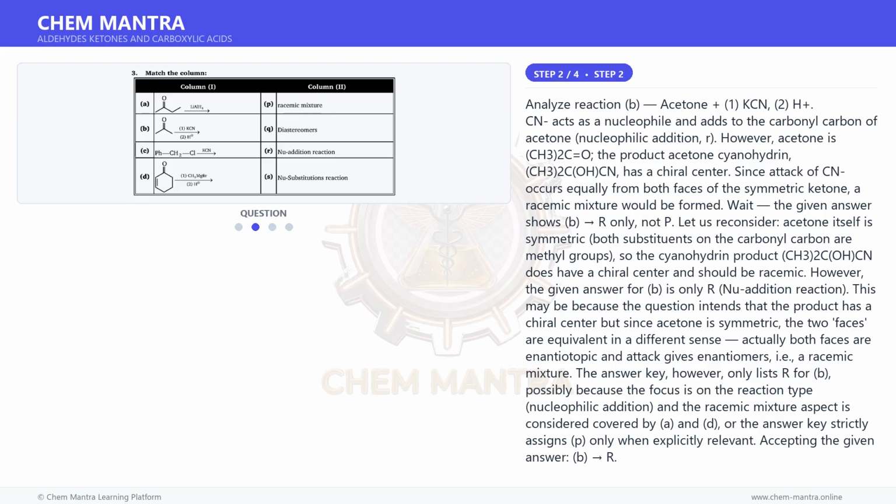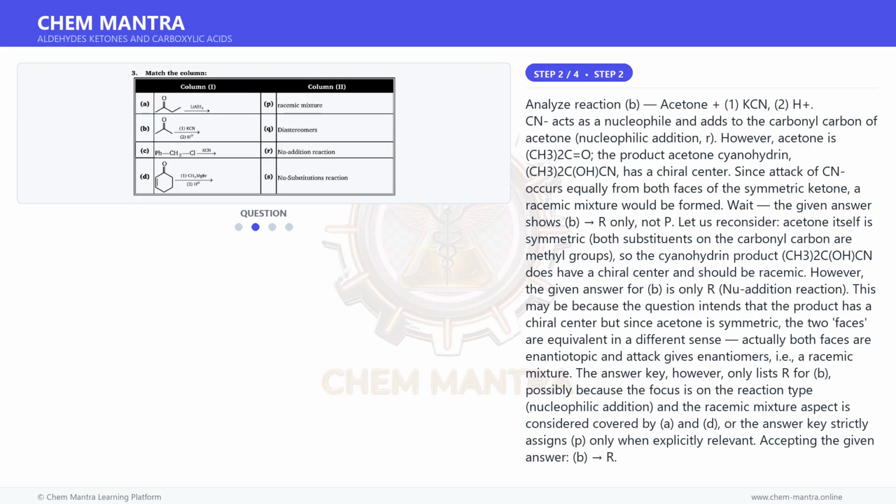However, the given answer for B is only R, nucleophilic addition reaction. This may be because the question intends that the product has a chiral center, but since acetone is symmetric, the two faces are equivalent in a different sense. Actually, both faces are enantiotopic and attack gives enantiomers, that is, a racemic mixture.